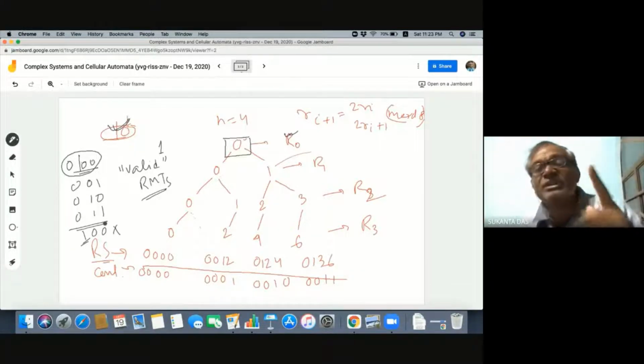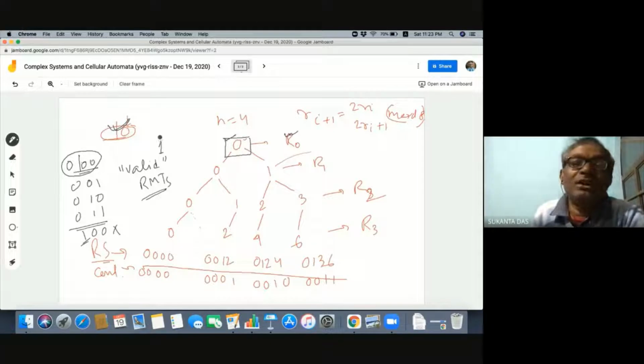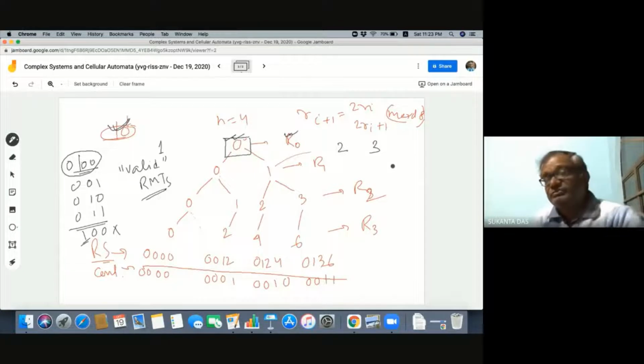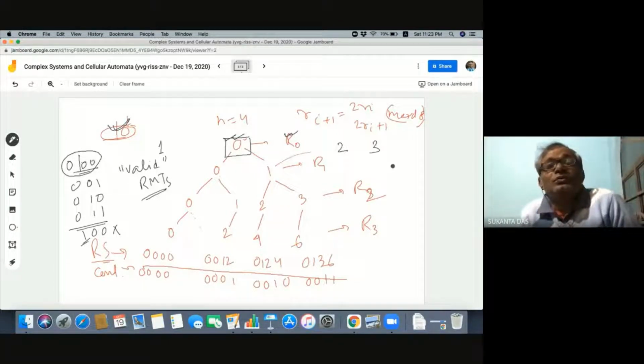So under the null boundary condition, if I want to get all possible RMT sequences, what should I do? I should start from R0, then from R1. I should start from RMT0, RMT1, RMT2, and RMT3. In all the cases, we get a tree-like structure.